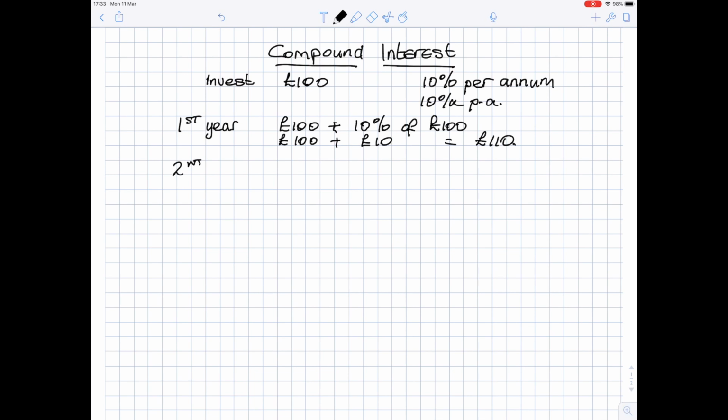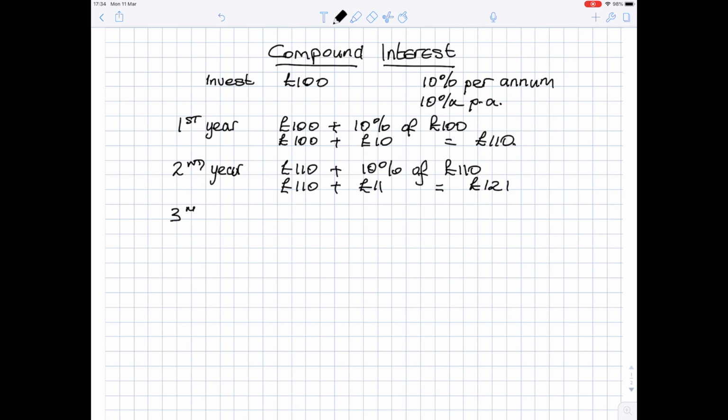The second year, you start off with the £110 and you add on 10% of the £110. So you will have 110 plus 10% of £110, which is £11. So at the end of the second year, £121.